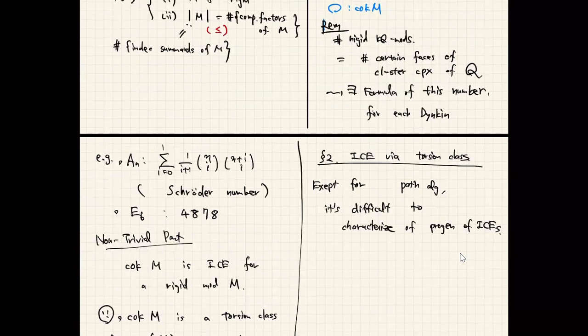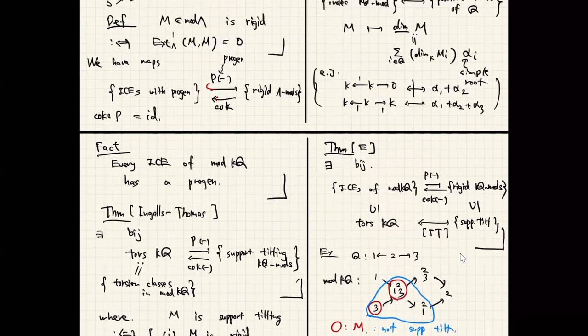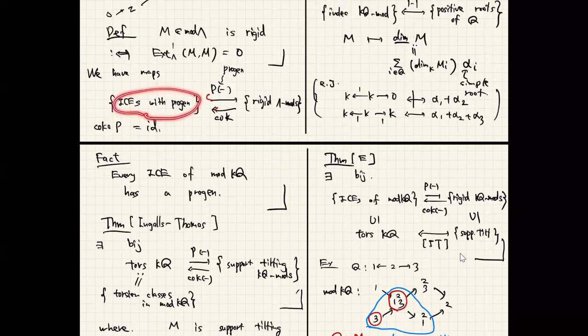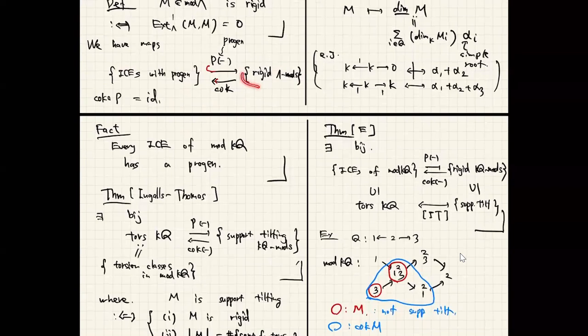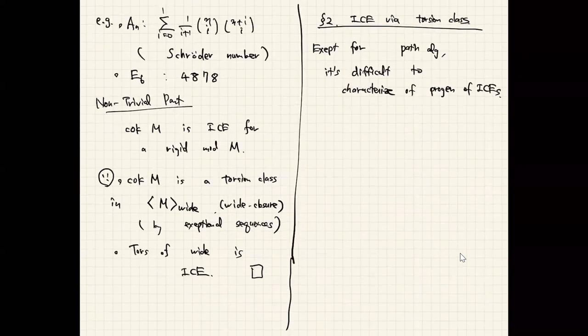If we can characterize progenerators of ICE closed subcategories, then we have a bijection with a class of modules. For the path algebra case, the progenerator of ICE is precisely a rigid module, which is a very simple homological characterization.